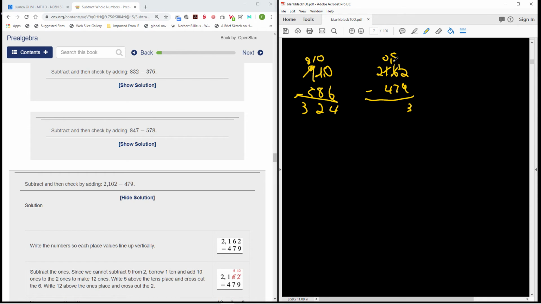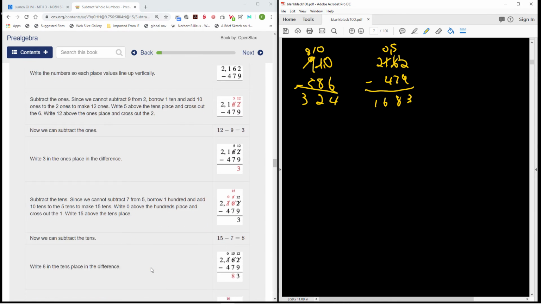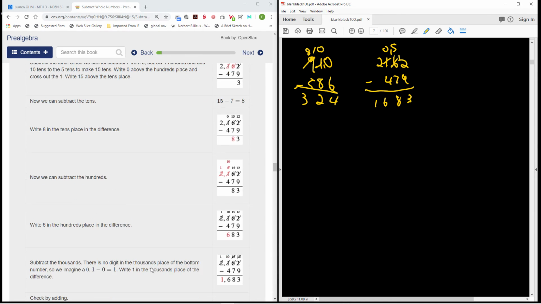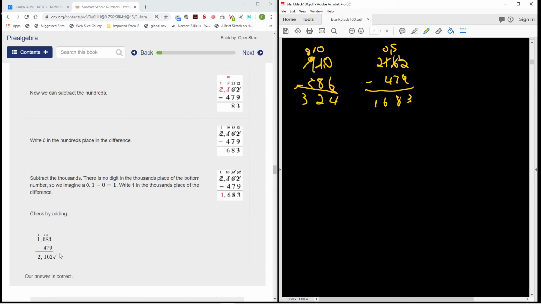Makes that 15 minus 7 is 8. I can't take away 4 from 0. Well, 20 minus 4 is going to be what? 16. There you see it's 1683. Then they did the check by adding the numbers back.